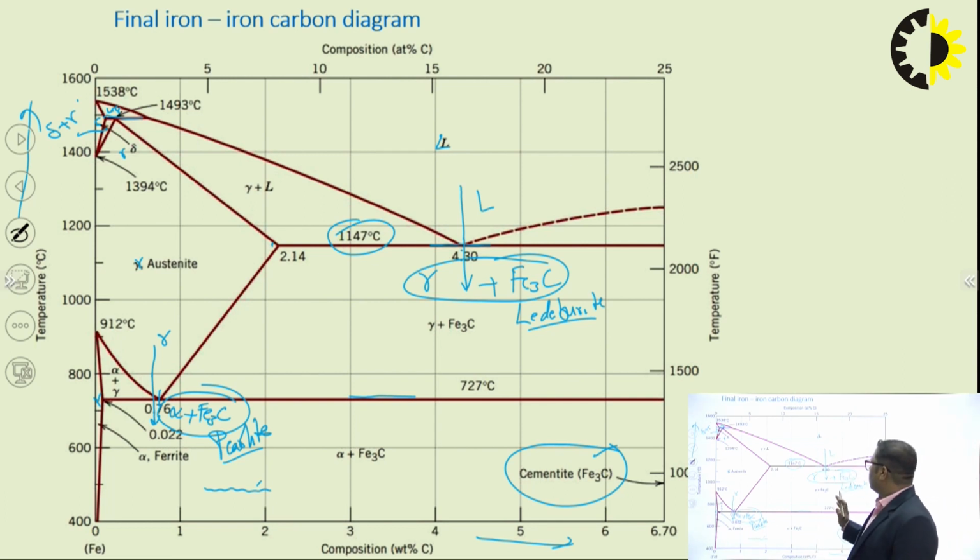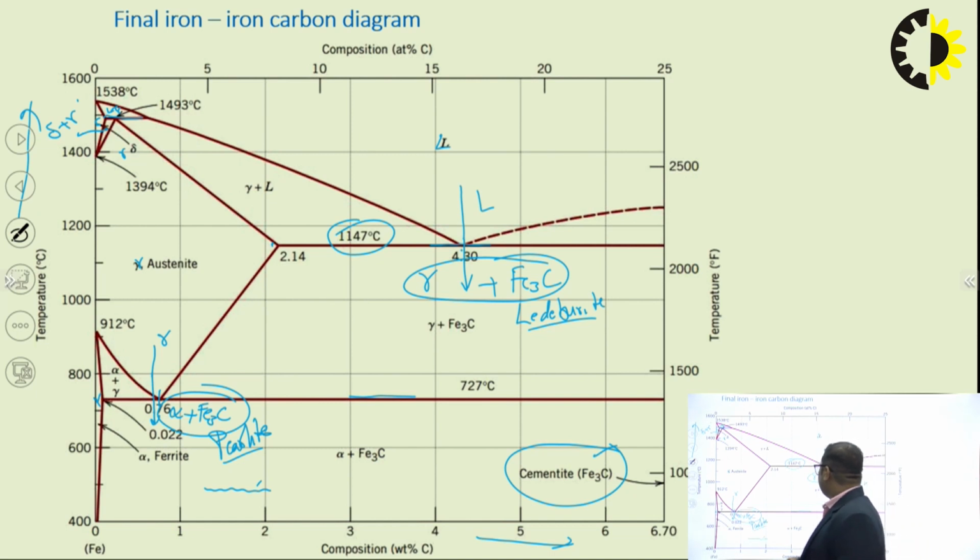So these are percentages: 2.14%, 4.30%, 0.76%. You have to learn all these percentages, because in order to construct this diagram, this percentage of carbon is very important in order to find out where different types of phases are occurring.